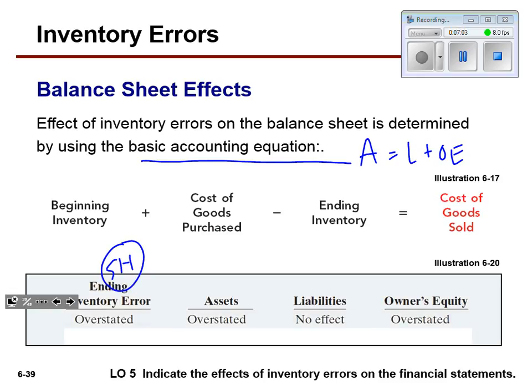If we overstate that, we say we have more than we do, it's going to look like assets are bigger than they are supposed to be, and it's also going to make it look like we're worth more than we actually are.